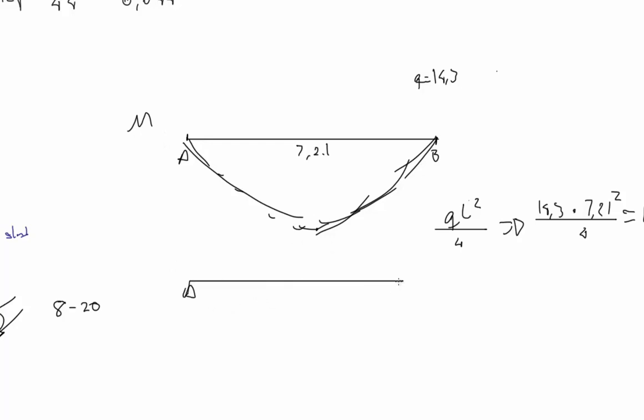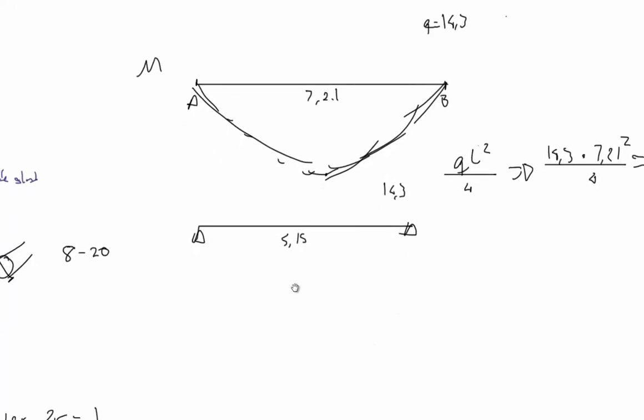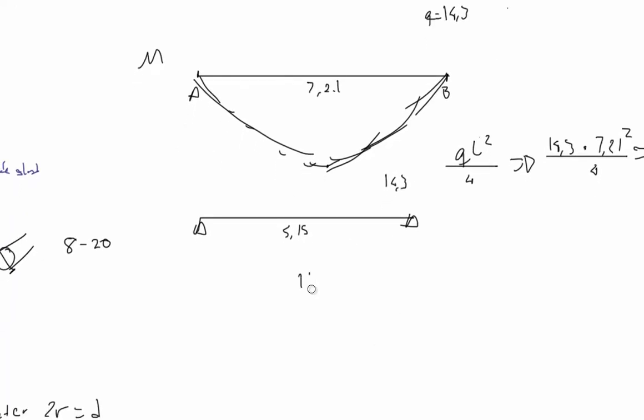And for the other one, same formula, but a different distance, 5.15, slightly shorter, 4.3 times 5.15 squared divided by 4 is equal to 94.8 kilonewtons.